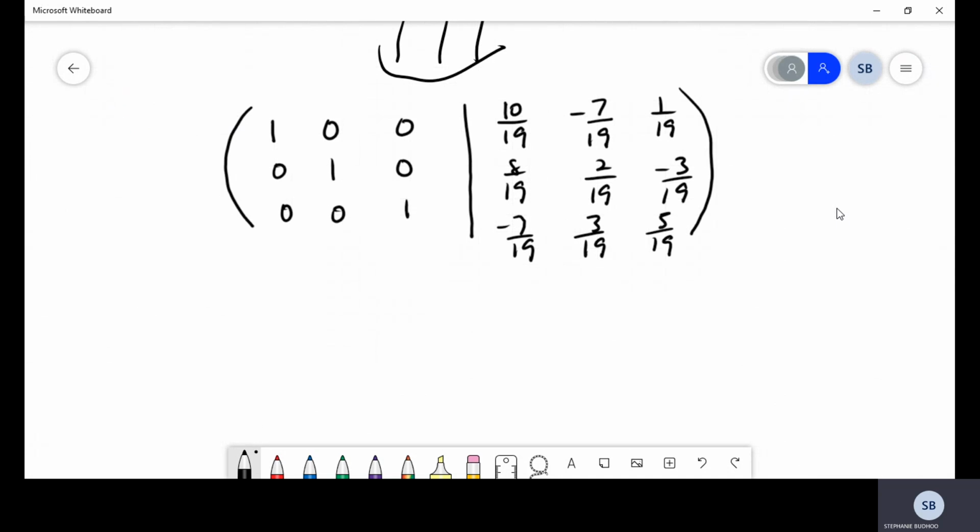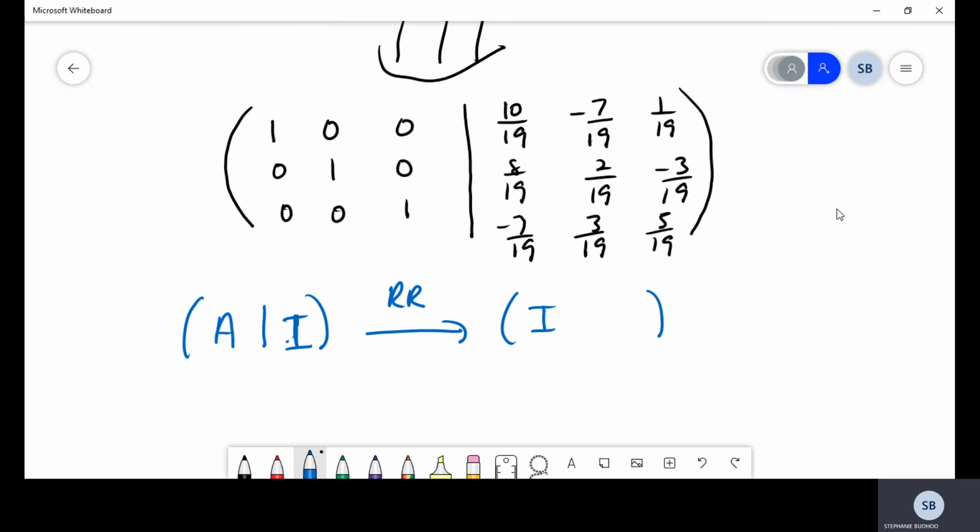And please do recall that from before, we started off with our matrix being augmented with the identity matrix. And after a series of row reductions, what's happening is that we got the identity matrix on the opposing side, and whatever is left on your right-hand side is actually your inverse.